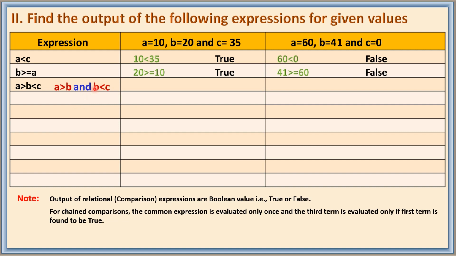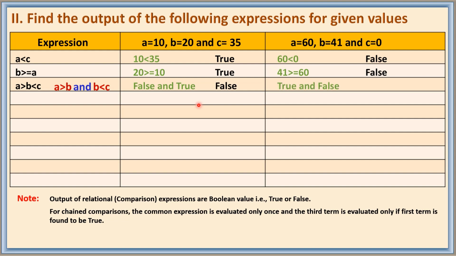The third term, b lesser than c, will be evaluated only if a is greater than b is found true. This is the common rule while evaluating AND. So here a is greater than b is false and then b is lesser than c is true. So false and true will return false as the value.